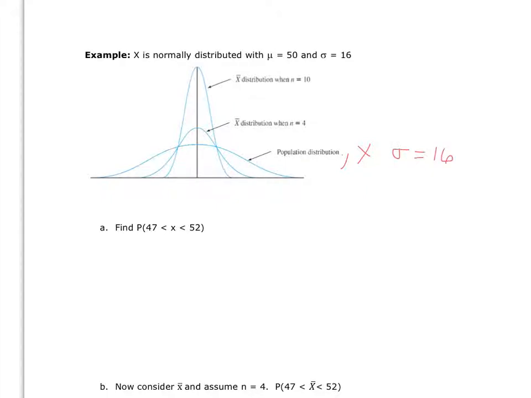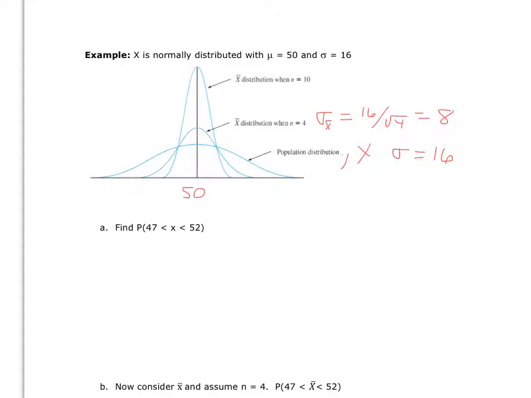Now, we also have a distribution of X bar when n is 4 that's also listed there. It is still centered at 50, but the standard deviation is 16 divided by the square root of 4. So 16 divided by 2, the standard deviation is less, it's 8. And we can tell it's less spread out than the original distribution.